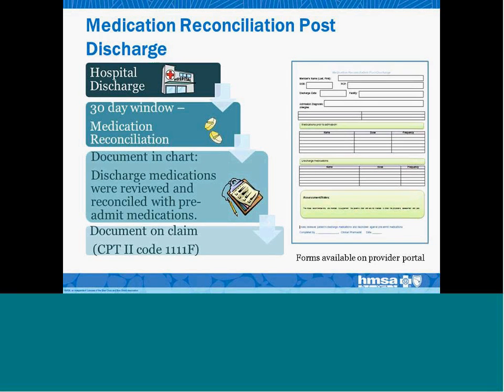So for those of you who might not be familiar with this particular metric, the way this works is that a patient's discharged from the hospital, and within a 30-day window from that hospital discharge date, CMS is requesting that they have a medication reconciliation, a matchup of these are the medications that might have been prescribed when they were in the hospital, and these were changes or additions to the medications that were prescribed by you in the outpatient setting. So it's a matchup of the discharge medications with their pre-admission medications.